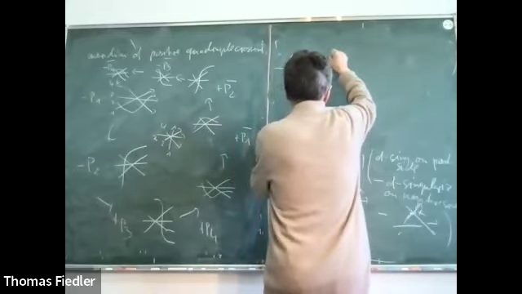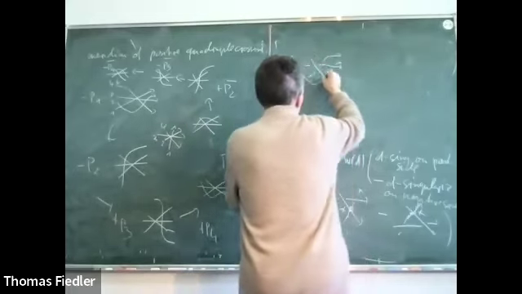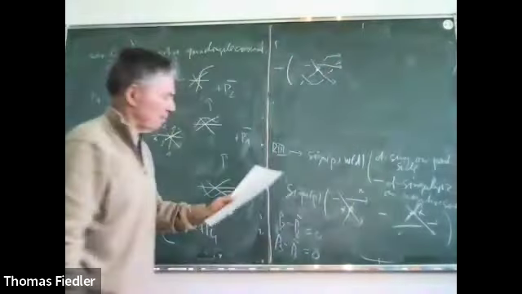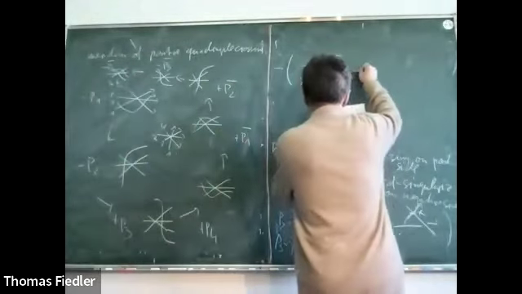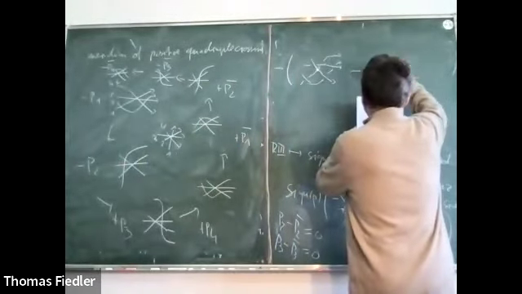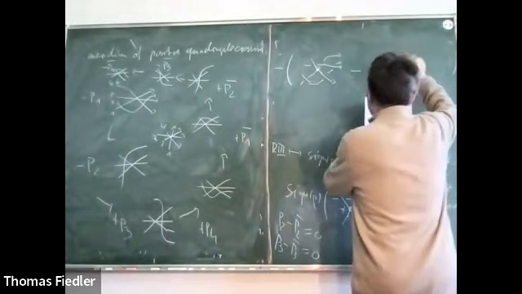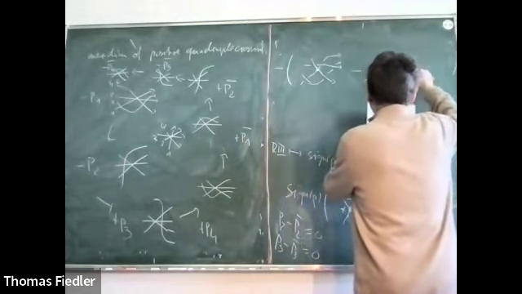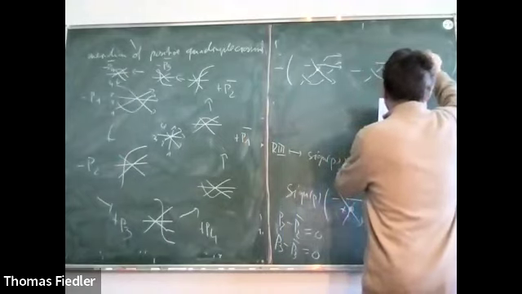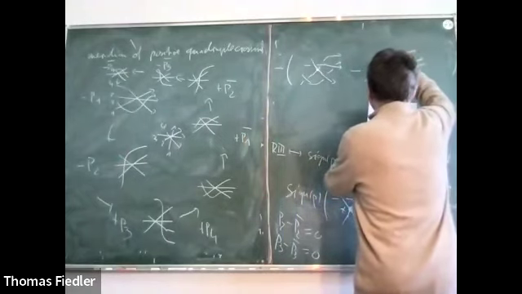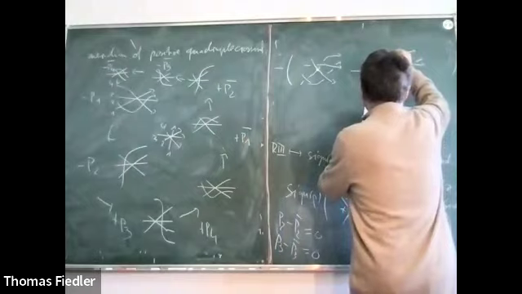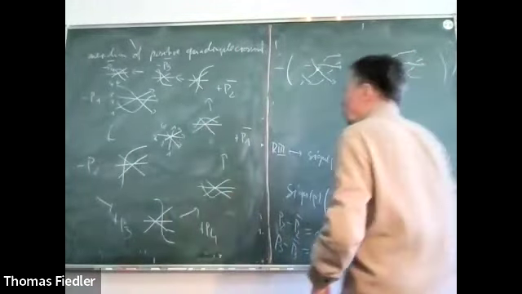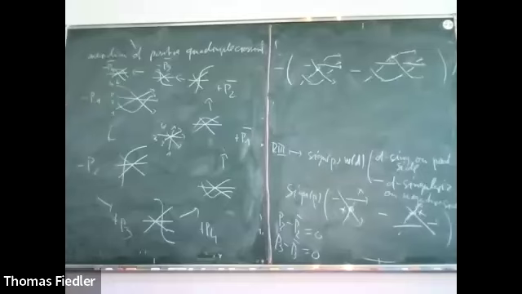So it comes from that, and this point is the singular point. Okay. Minus. And here it's the same thing. So here was the triangle. Yes. This is now singular. So this is a contribution of minus P1.